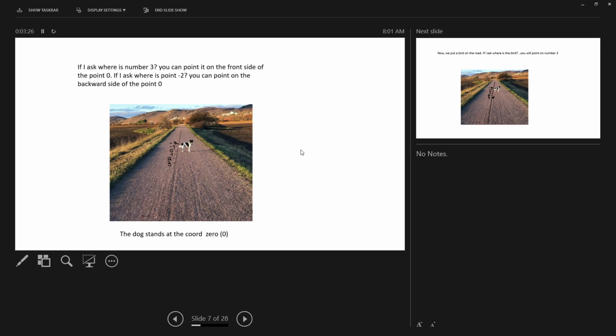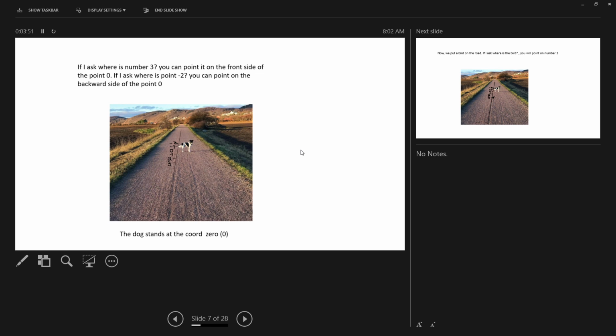Now, if I ask where is number 3, you can point on the front side of the point 0. And if I ask where is point -2, you can point on the backward side of the point 0.